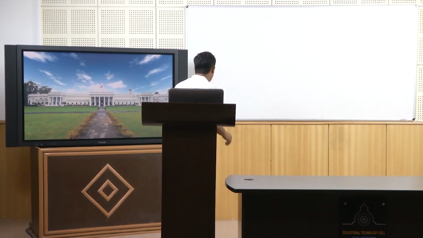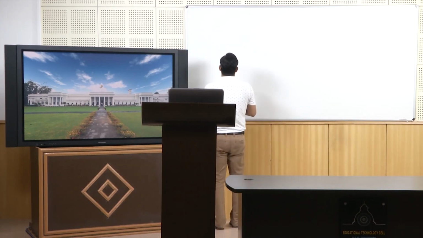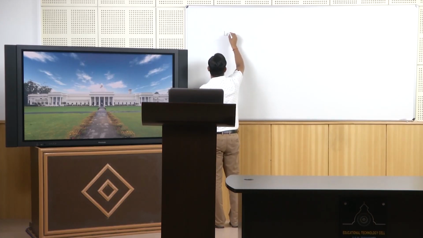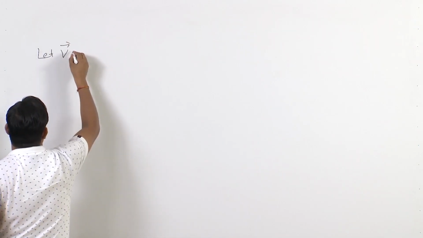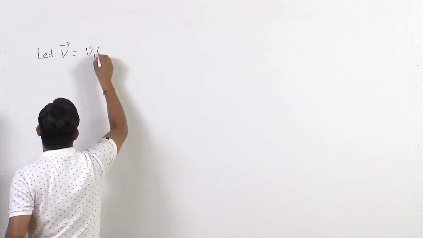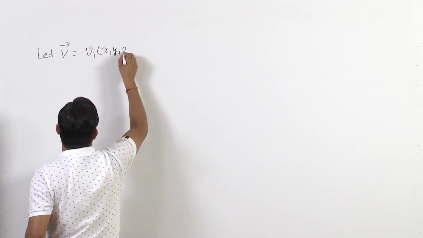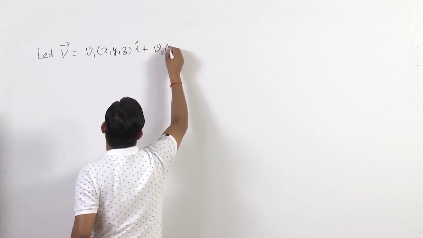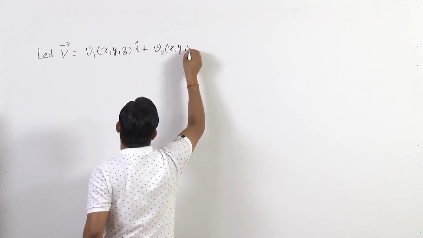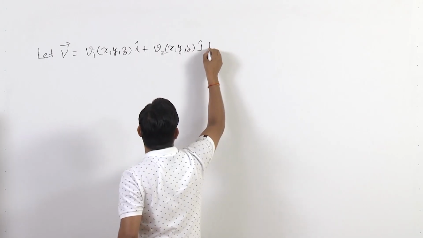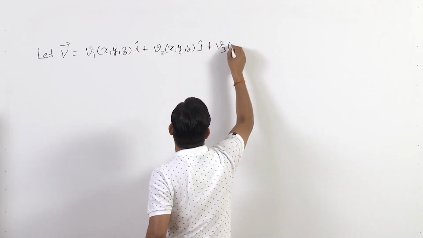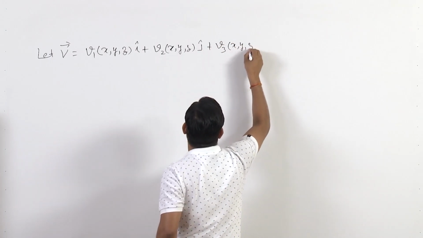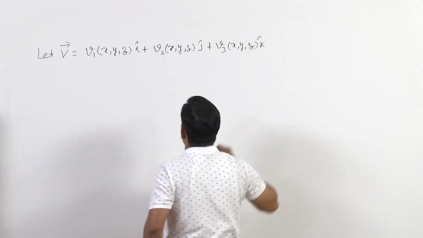So, let the components of V be V1(x,y,z) in the i direction, V2(x,y,z) in the j direction, plus V3(x,y,z) in the k direction.